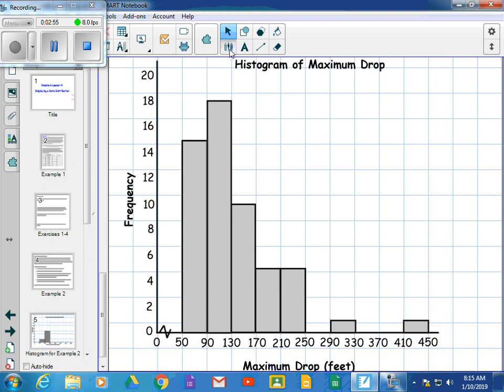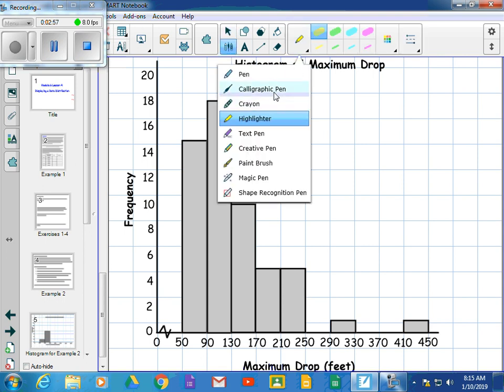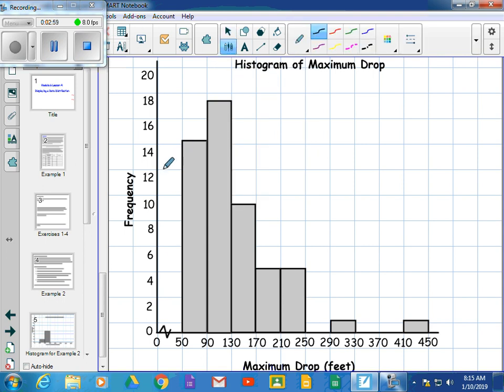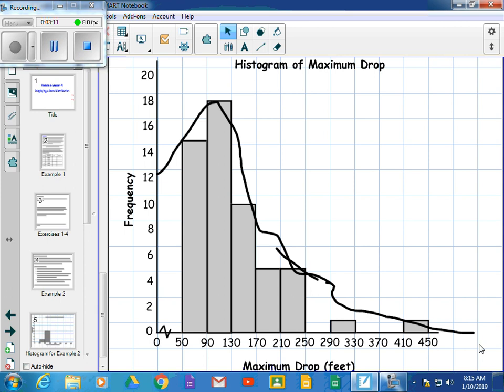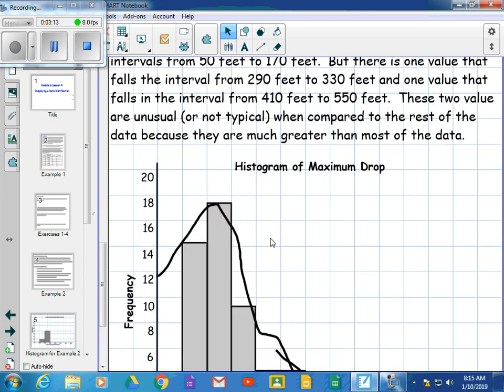If we look at this data here, notice how it sort of slides off and tails off to the right here. That's what we call skewed.